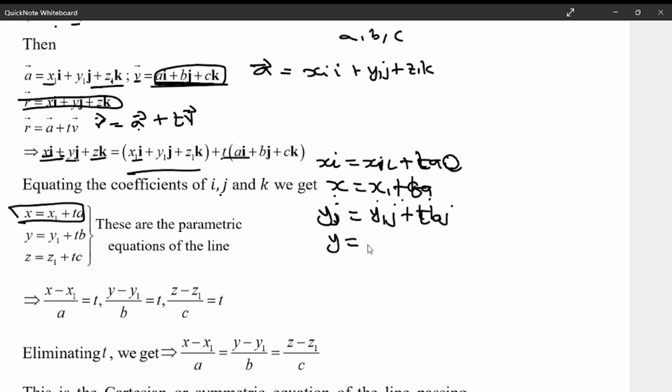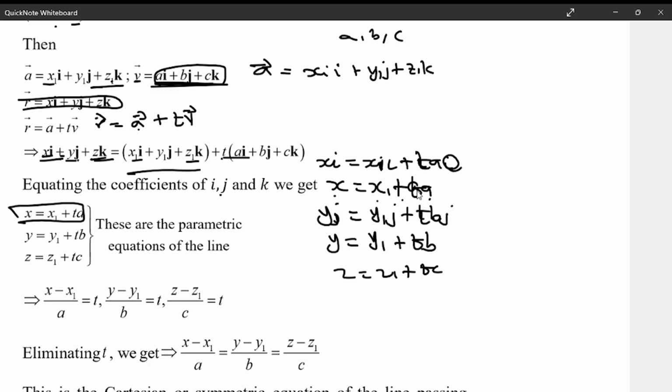You have our y to be equal to y1 plus tb. And as well for the last one, we are going to have z to be equal to z1 plus tc.